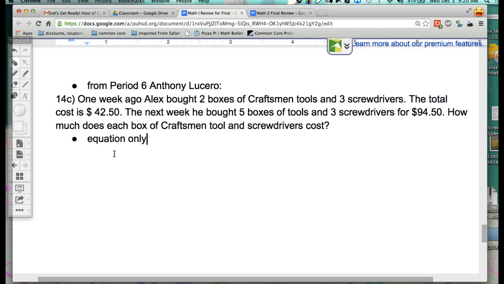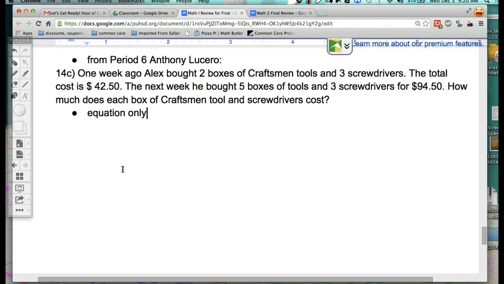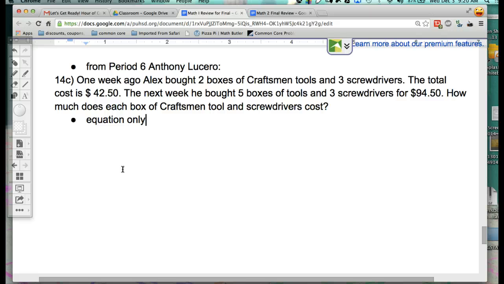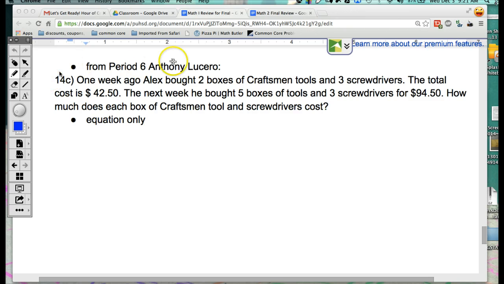Okay, so let's go ahead and set up the equation, and then when you are ready, go ahead and raise your hand. And when you see Anthony Lucero, please congratulate him for doing a great job on creating this question. All right, and tomorrow I'll feature somebody from 2nd period, okay? Ready? Go. Oh, wait. Anthony Lucero right here, underline. Okay, ready? Go.